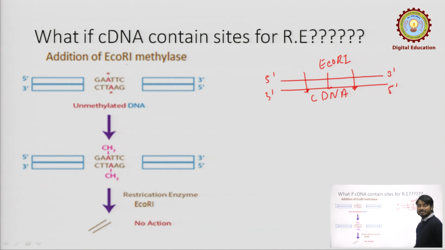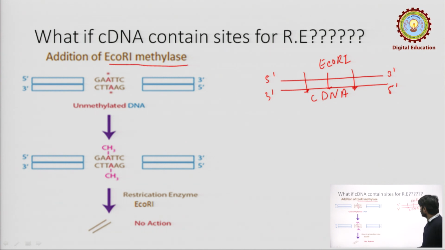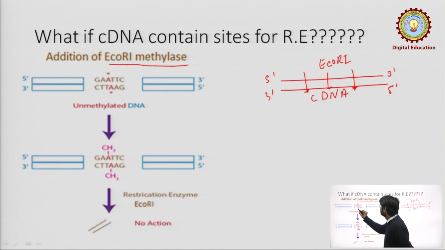We will utilize another enzyme, which is called EcoRI methylase. What will EcoRI methylase do? It will methylate the complementary DNA at the adenine site, as we can see it is methylated.